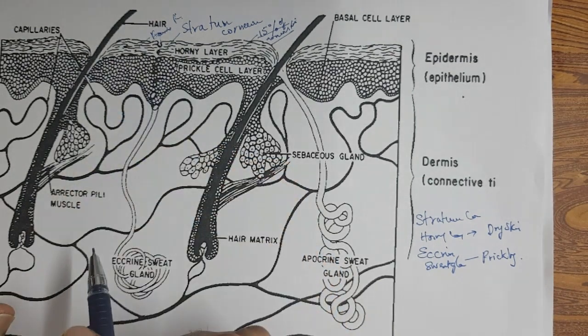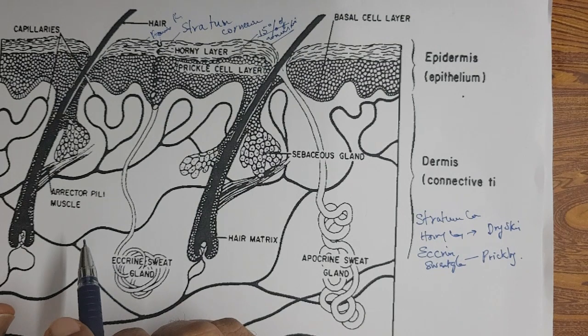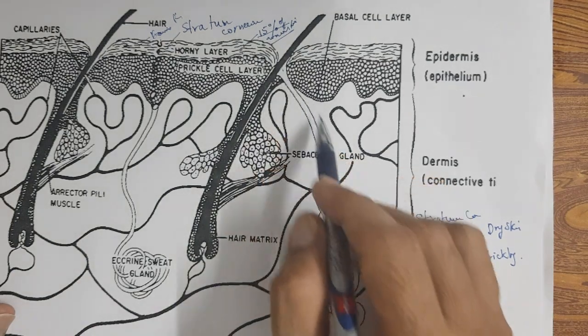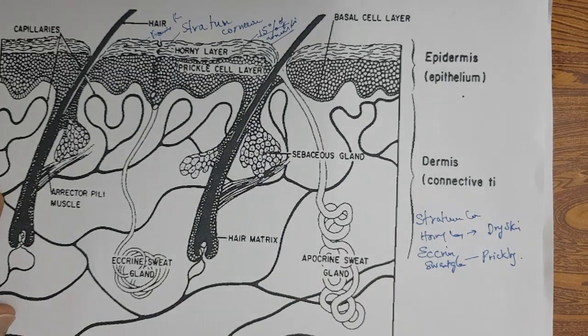That is prickly heat. Then the apocrine sweat gland develops only after a certain age. The apocrine sweat gland is concentrated in certain areas, like underarms.